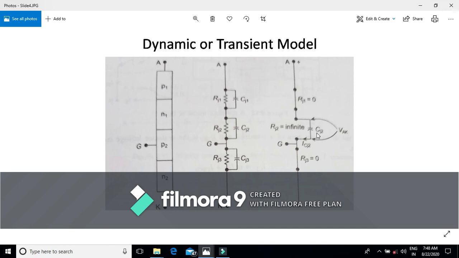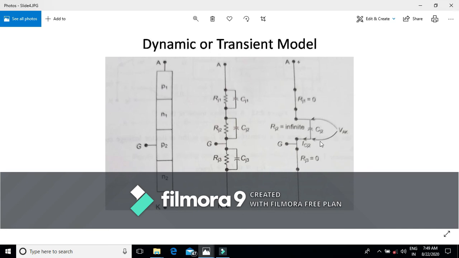We can say the charging current here is the current across junction J2, because this resistance is infinite. The charging current ICJ2 will be equal to C dV by dt, because we know in the case of a capacitor the current is I equal to C dV by dt.